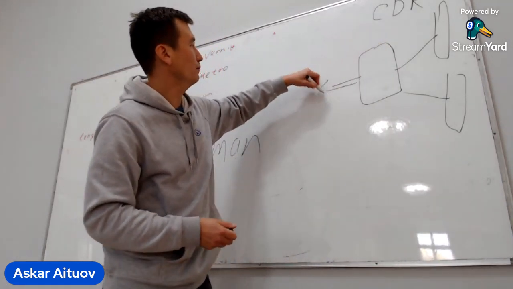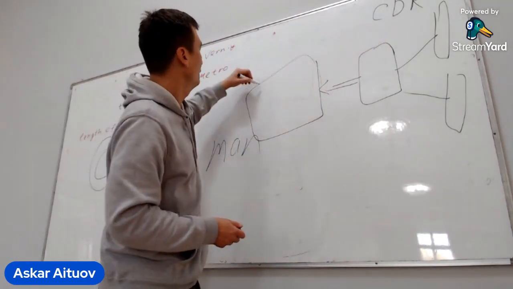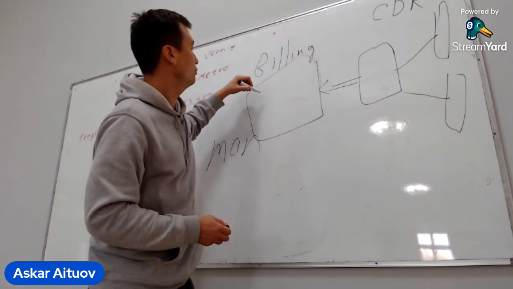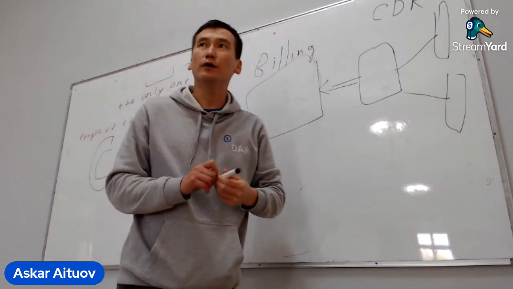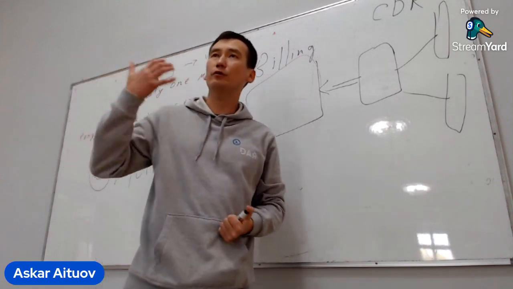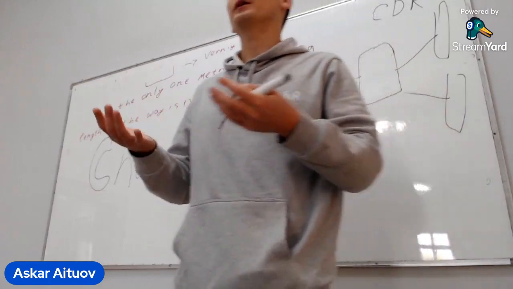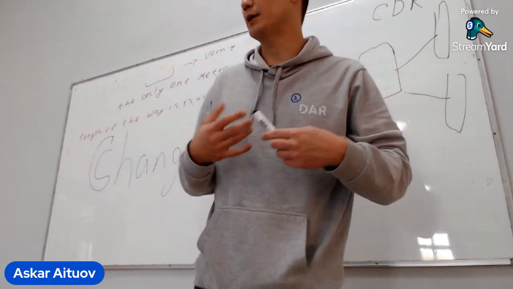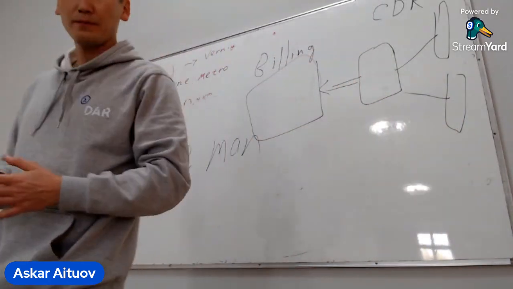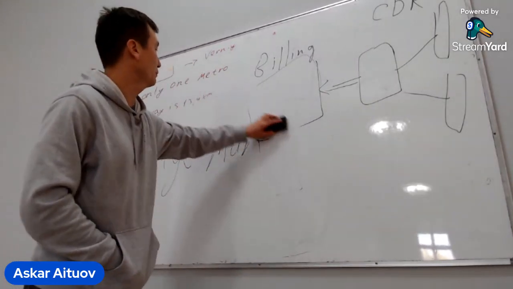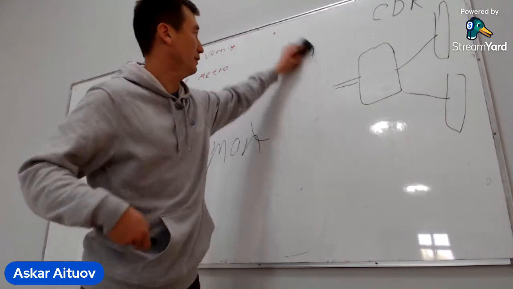It's brought to the billing system. In the billing system, you usually store how many hours or gigabytes your customer consumes and how much you can earn from this customer. Okay, so this is a short, brief description, but we will go deeper.